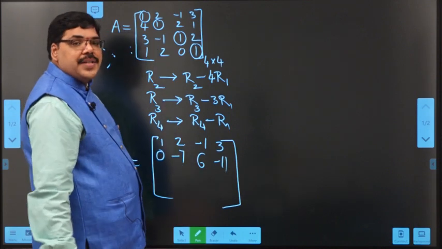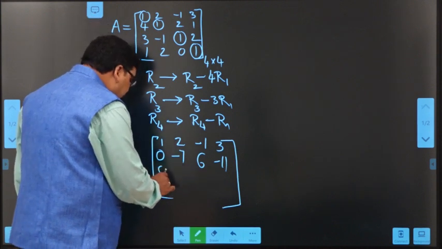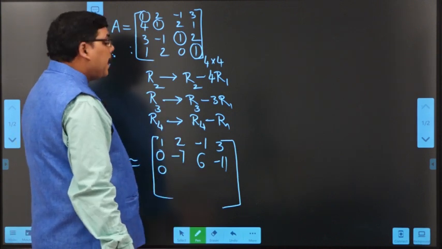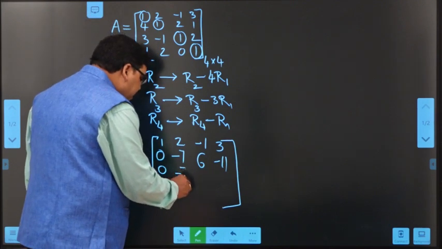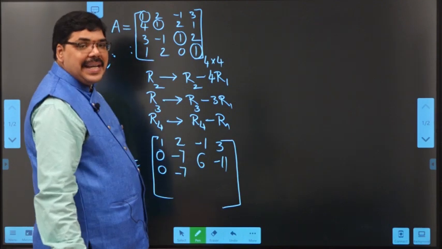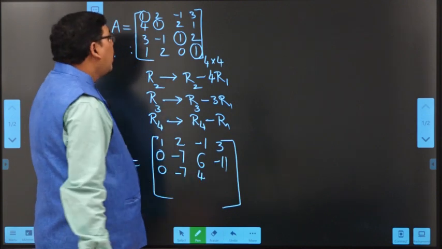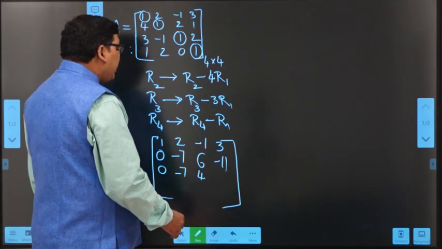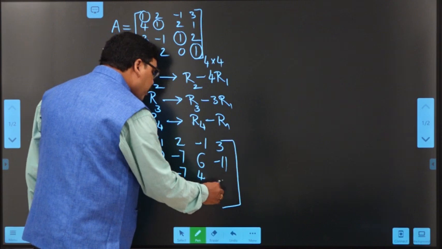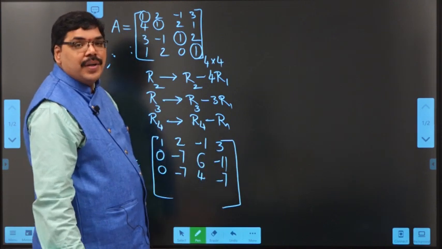Apply the third row operation, R3 implies R3 minus 3R1. 3 minus 3, 0, minus 1 minus 6, minus 7, 1 minus minus 3, 1 plus 3, 4, 2 minus 9, minus 7, minus 7.